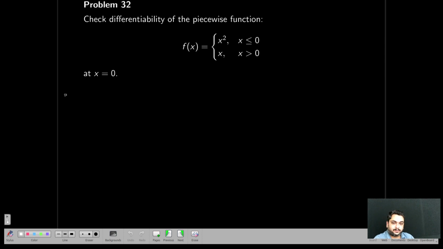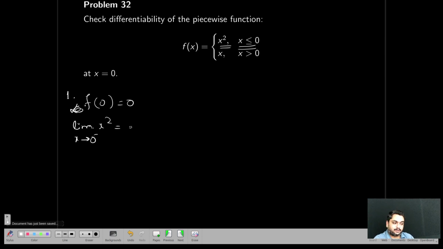So they are given. Let's check the continuity at x equal to 0. So let us check f of 0. F of 0 means in this function, that is x square. So it is 0. Next, left hand limit. Limit x approaches 0 from left side. So left hand means this one, less than or equal to 0. So I have to consider x square.